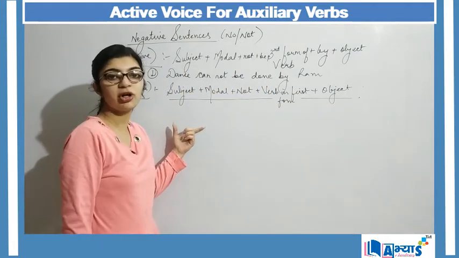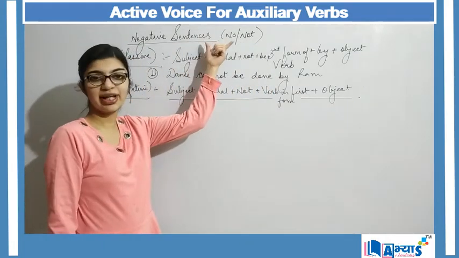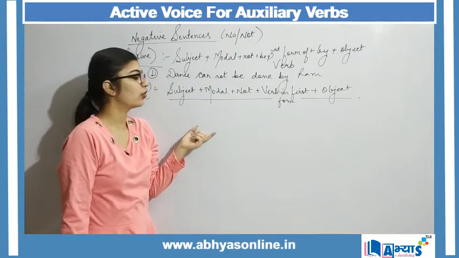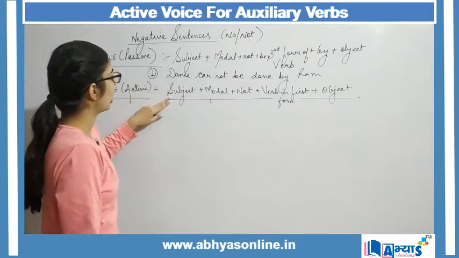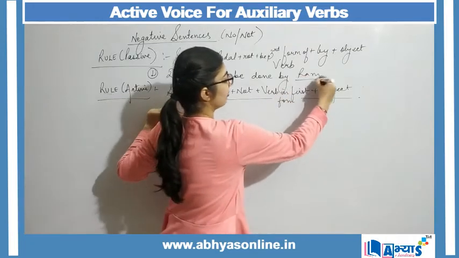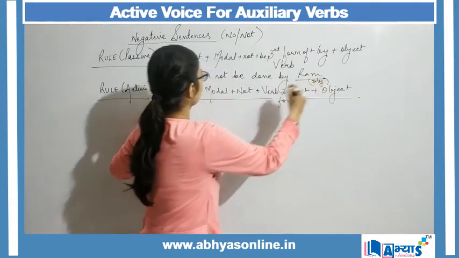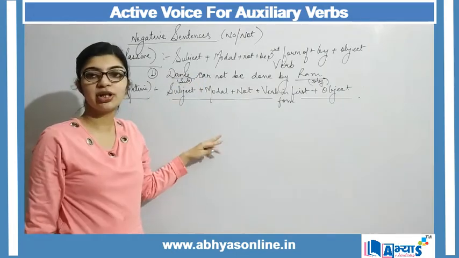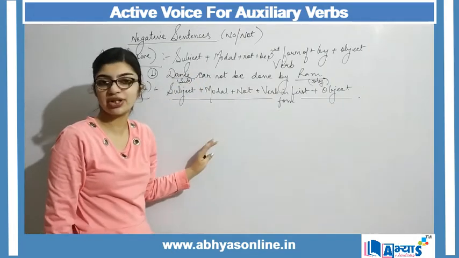So this is a rule for converting a negative sentence with passive voice to active voice with auxiliary verb. Now I know that Ram is my object and dance is the subject. But while conversion, the subject and object interchange their position.